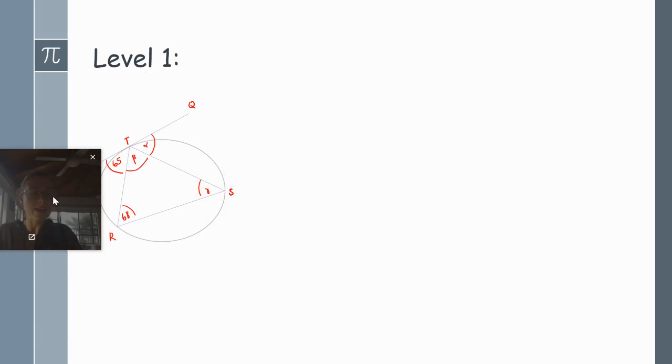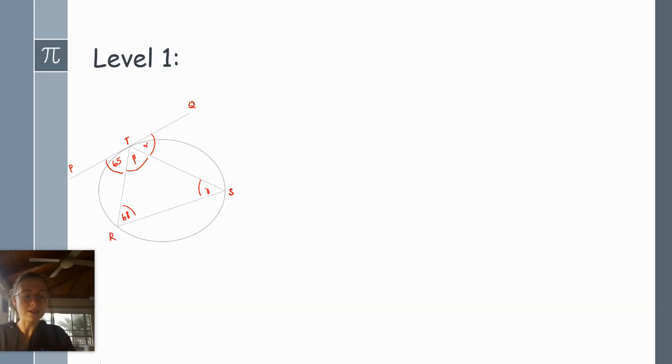All right. Here are our questions that we're going to start with. So I've got level 1 and level 2 questions. And I want you to have a go first. Pause it, draw it, find out what alpha, beta, and theta are. So I'm going to use the alternate segment theorem a lot in this question.